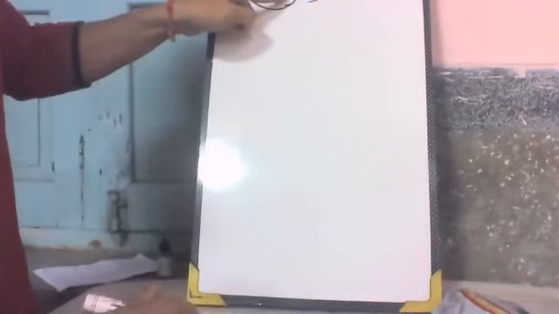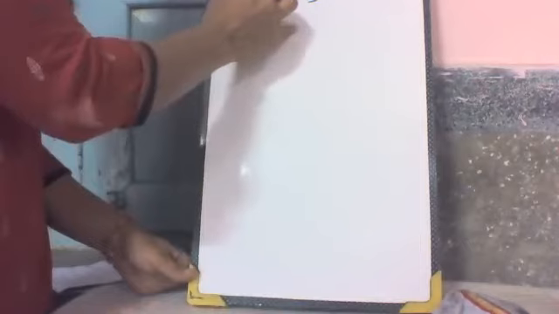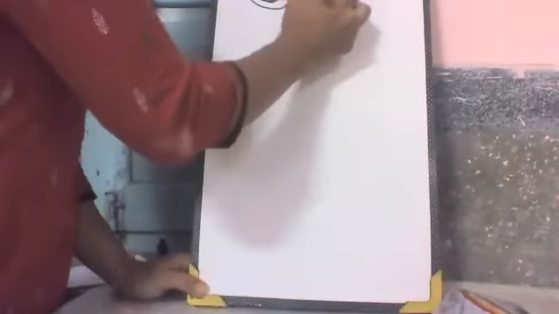But in variable valency, after removing electrons from this shell, they remove electrons from the inner side, from the second outermost shell. Due to this, they show variable valency.